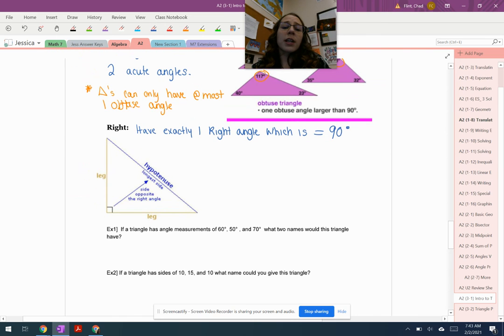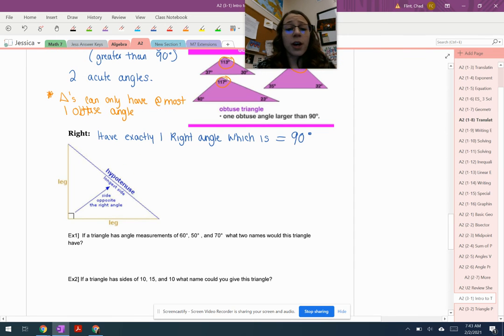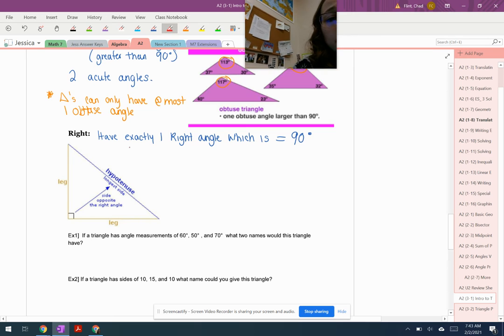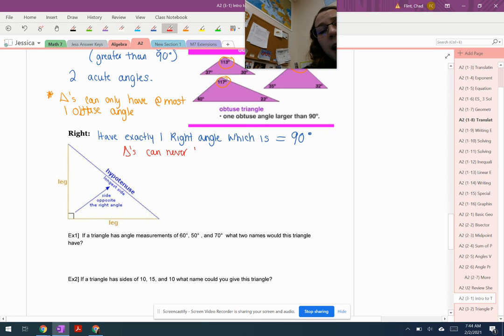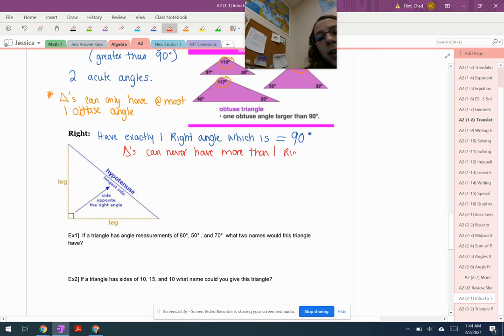And just like with the obtuse angles, there can't be more than one. A triangle can never have more than one right angle.